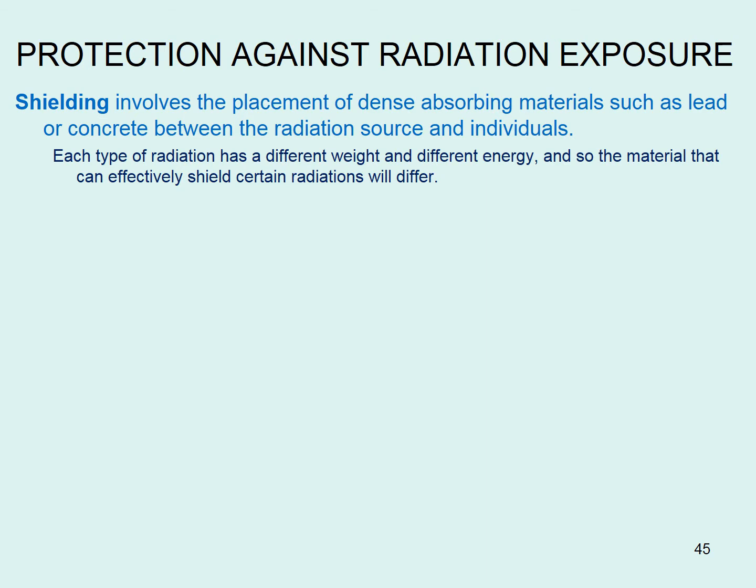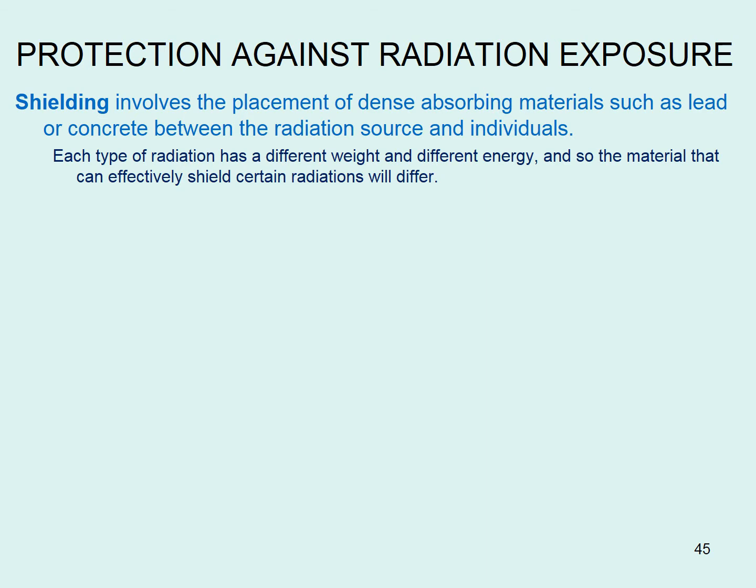They usually put a big heavy lead shield in front of you when they're taking x-rays, and then the technician or the dentist goes out of the room. So they're also putting distance into practice. Shielding, as you can imagine, involves the placement of a dense absorbing material such as lead or concrete between the radiation source and the individual.